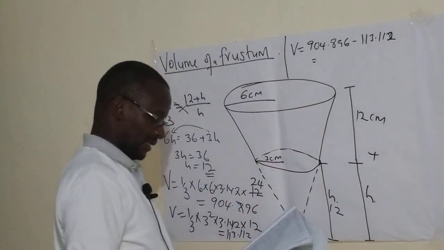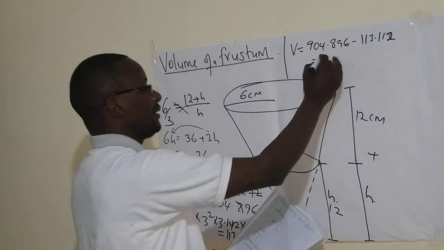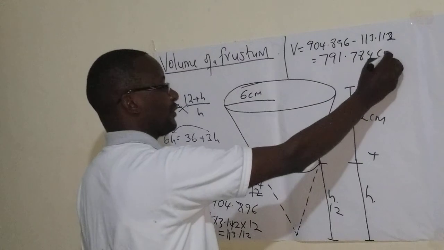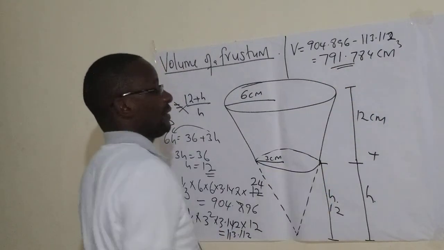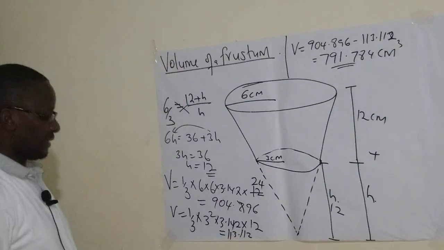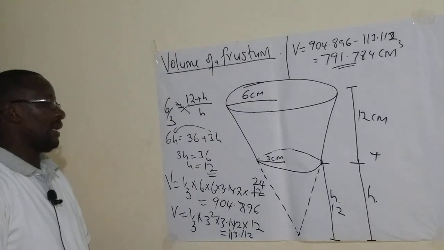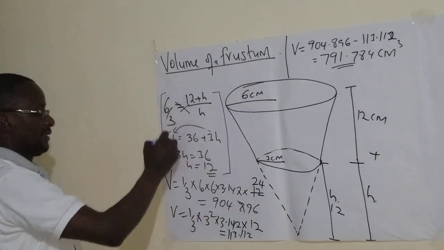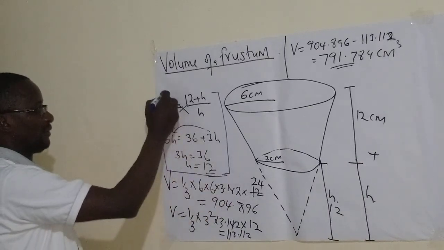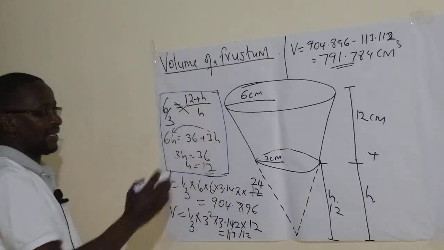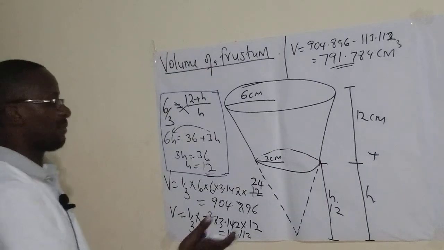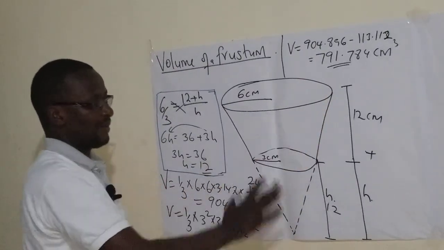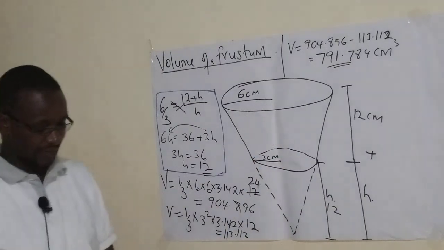And our answer is going to be 791.784 cubic centimeters. This is the most important part, the part where you are using similarity. So take note of that. We use similarity. Sometimes you might be given a slant edge, the slant height. You still use similarity and you get the question correct.